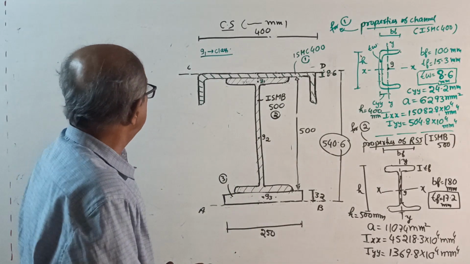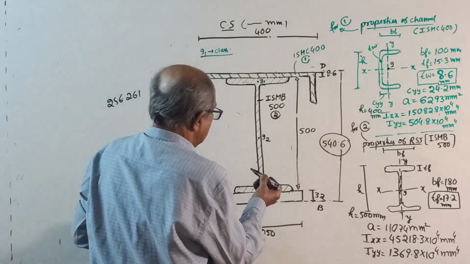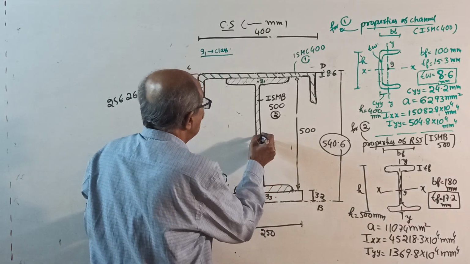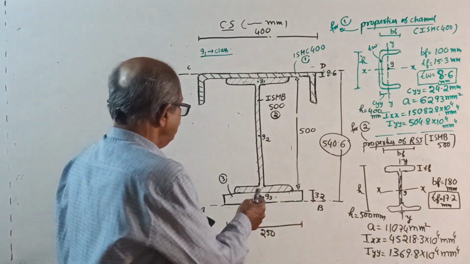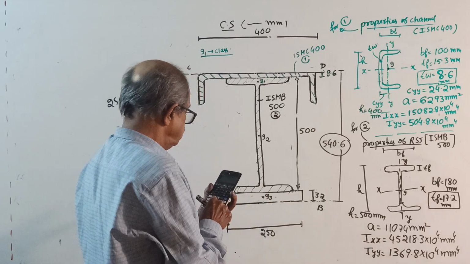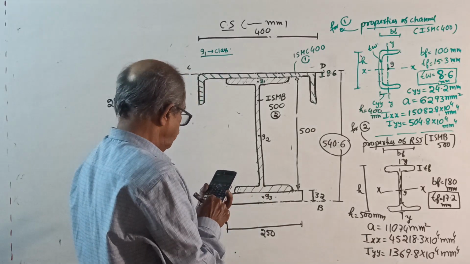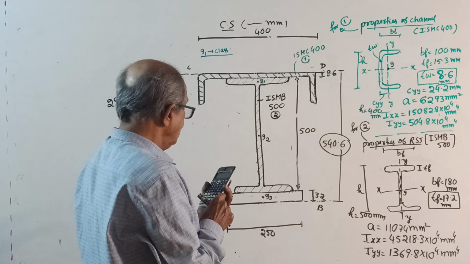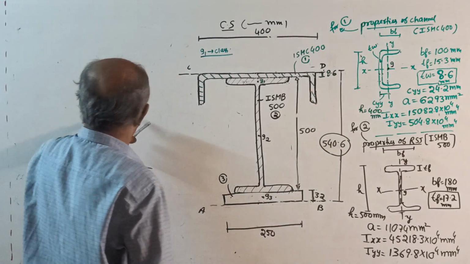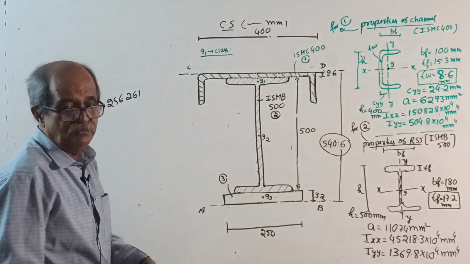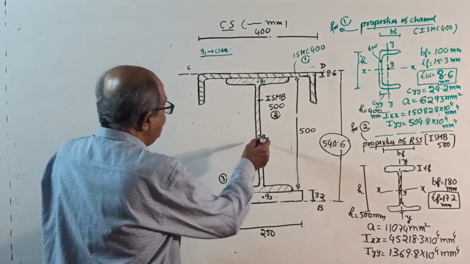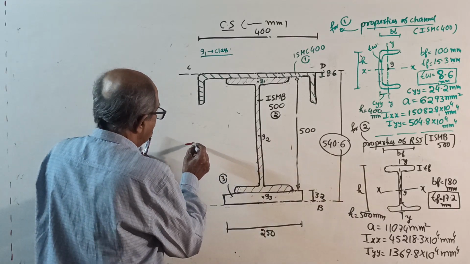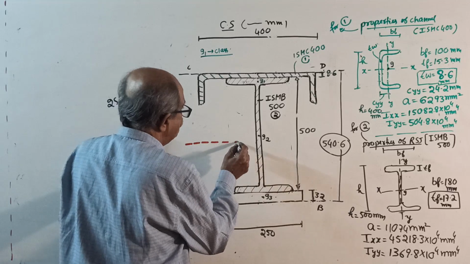From the bottom to the center of the I section is 32 plus 500 by 2, which is 282. But how much did you get? 256. Therefore, the centroid is slightly below G2. See, it is here, slightly below G2.